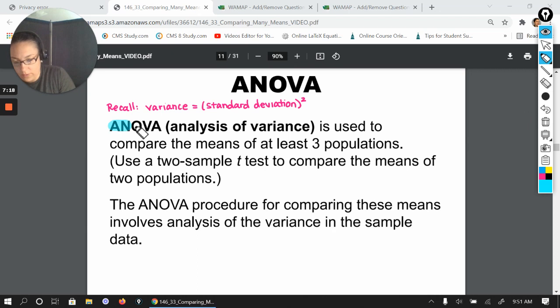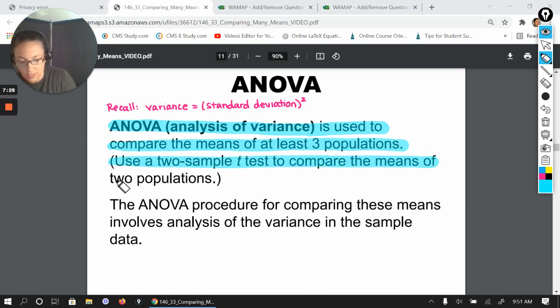So ANOVA, which is the analysis of variance, is used to compare the means of at least 3 populations. Use a 2-sample t-test to compare the means of 2 populations. The ANOVA procedure for comparing these means involves analysis of the variance in the sample data.